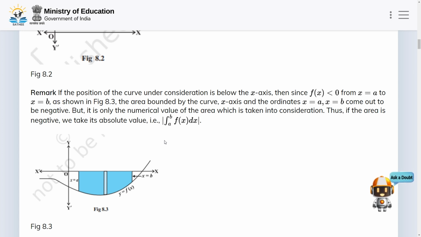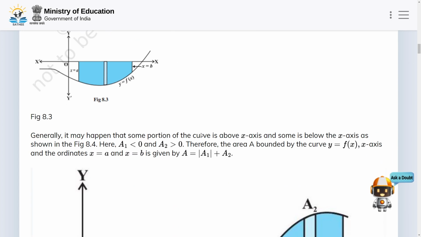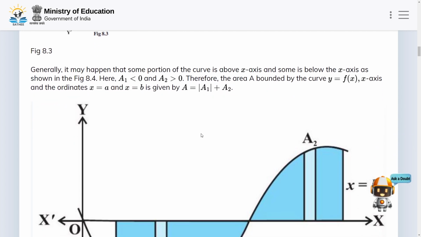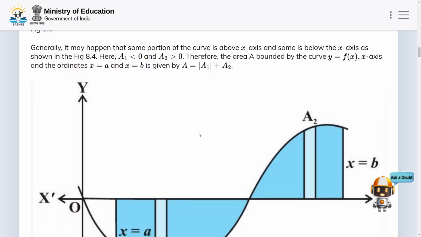So whenever you are asked to find the area under the curve or the area of a specific region, please apply the modulus. It is recommended in order to get the right answer. I hope it is clear now.